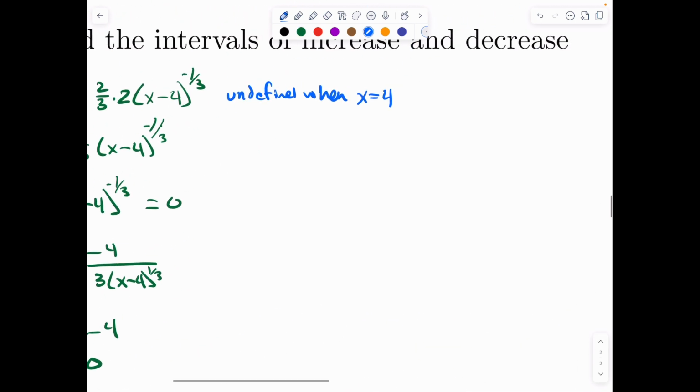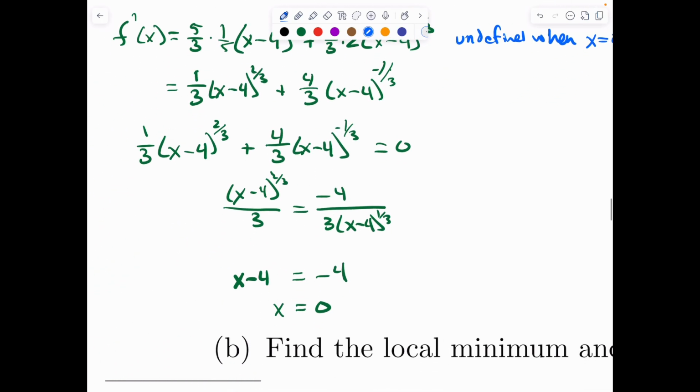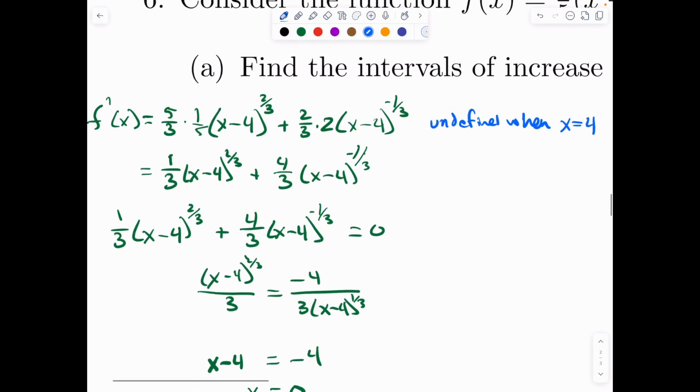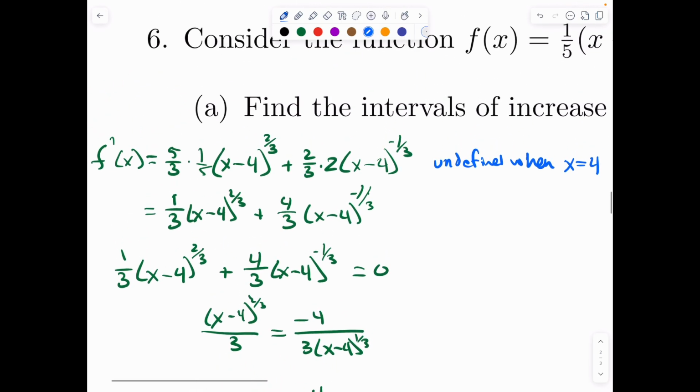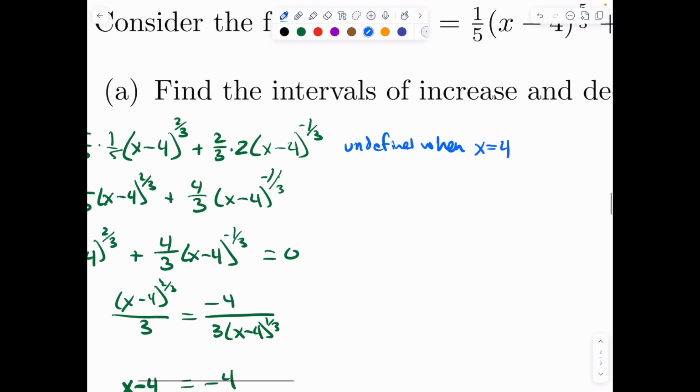So this is equal to 0. Yeah, it just looks fishy to me, but I'm going to go with it.